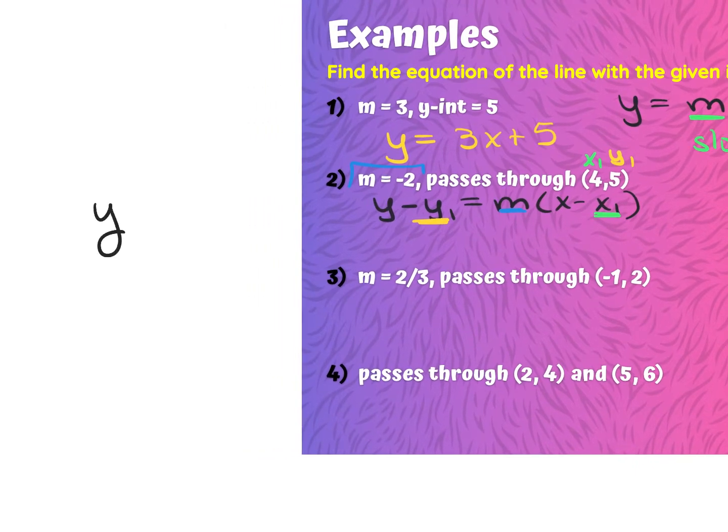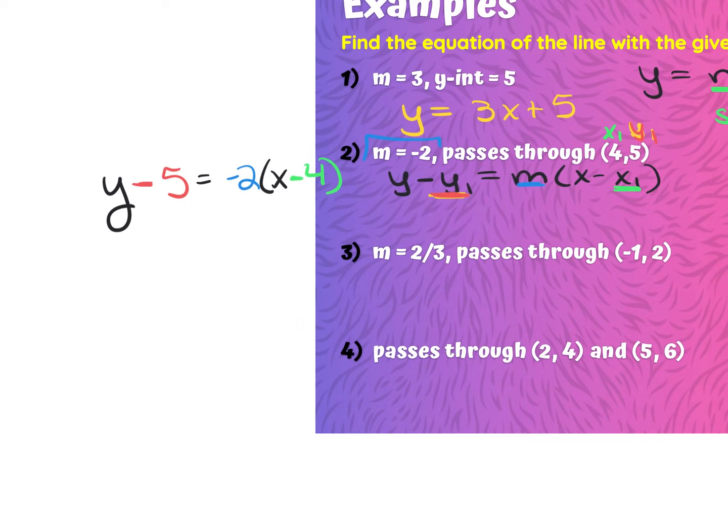So I'm going to do y, and then I'm replacing the y1. Let me do that in red so it shows up better. So y minus 5 is equal to the slope, which is negative 2, times x, and then my x1 is the 4, so minus 4.